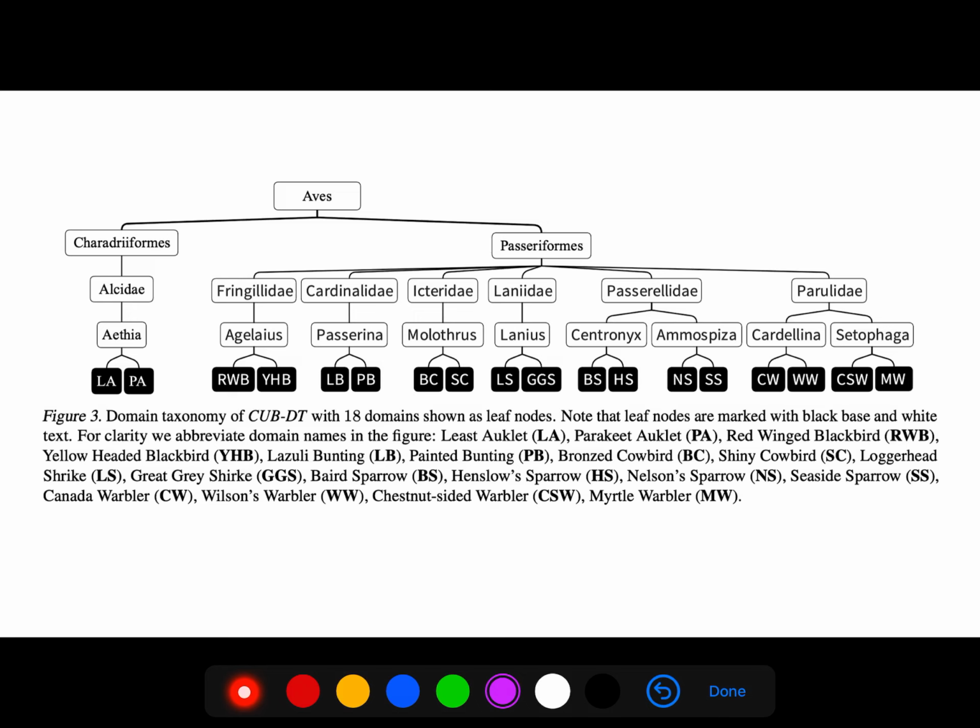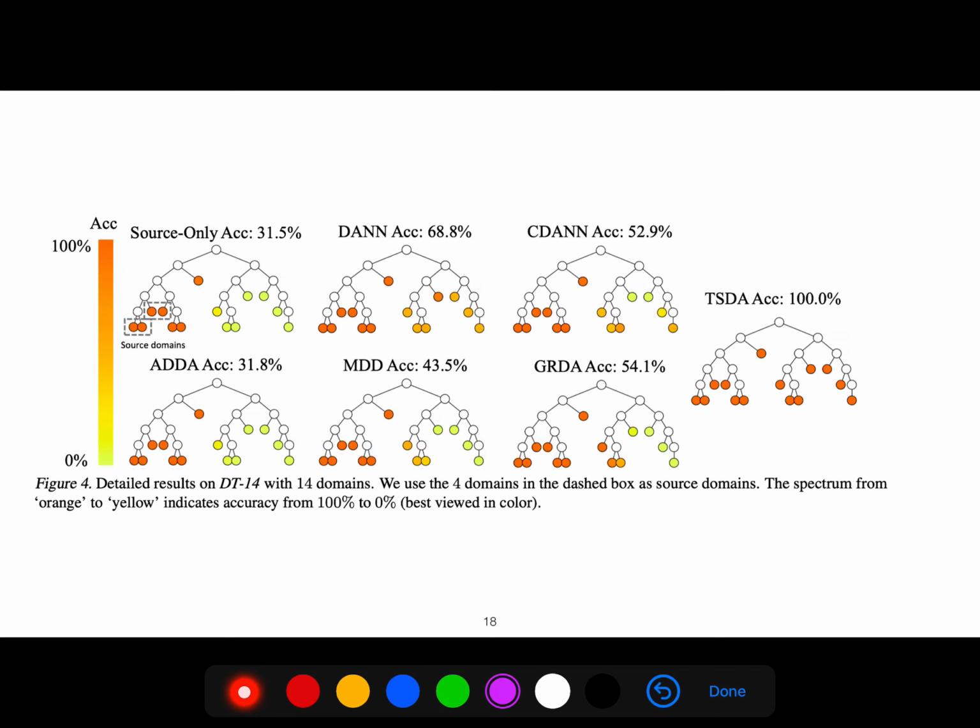So you see the domain taxonomy with 18 domains shown as leaf nodes. Note that the leaf nodes are marked with black base and white text. And this is a detailed result with 14 domains.